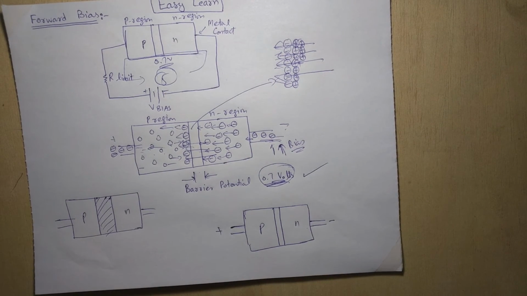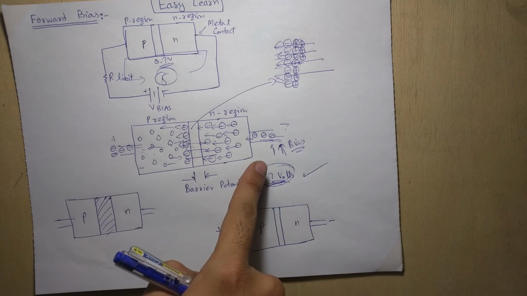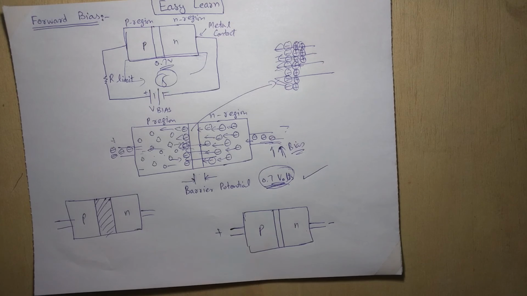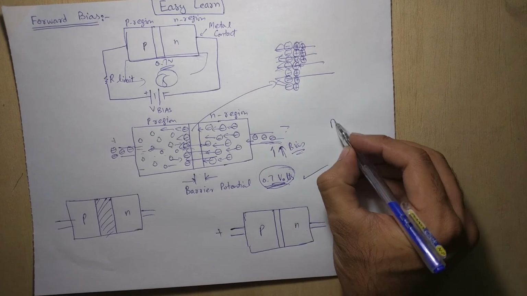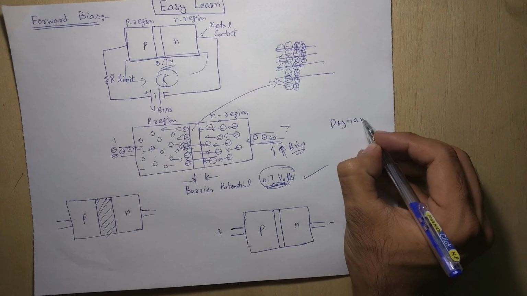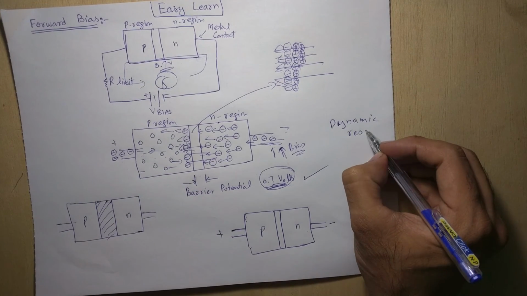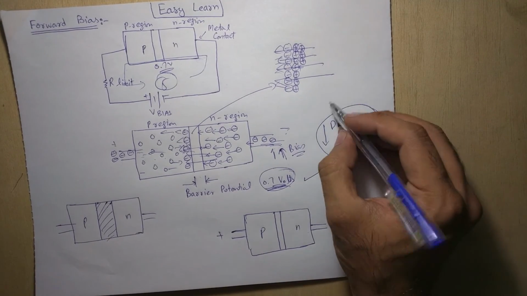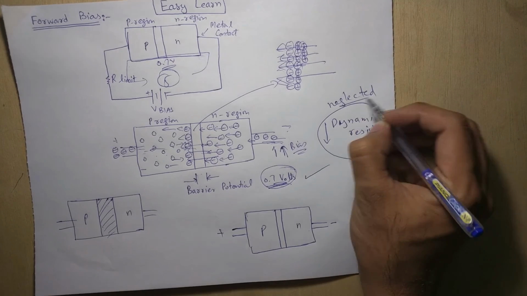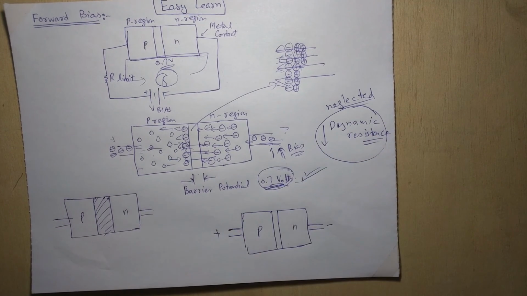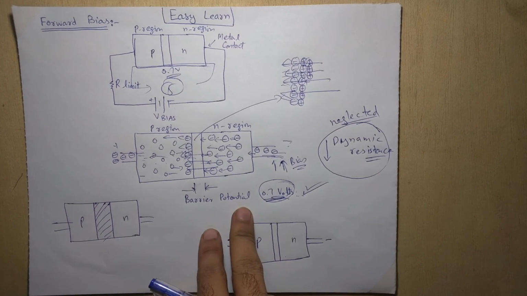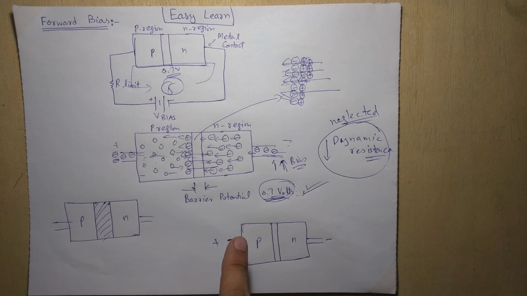One more thing: an additional small voltage drop occurs across the PN junction region due to the internal dynamic resistance. The dynamic resistance is very small, and this factor is usually neglected, even in higher-level cases. But I am not neglecting this in my coming episodes.